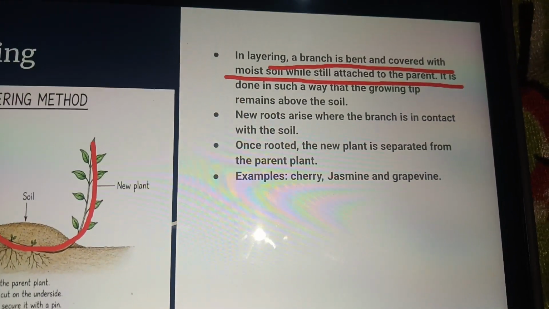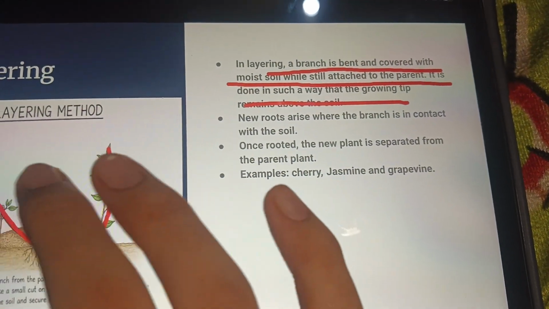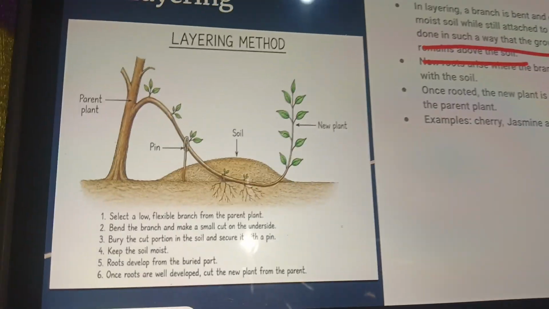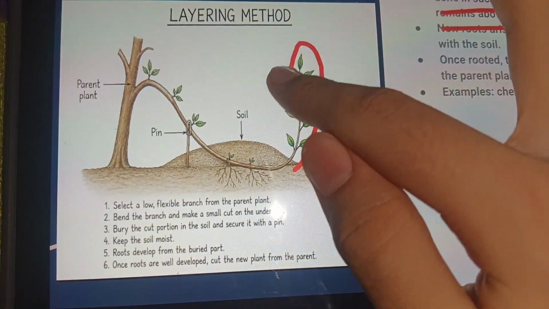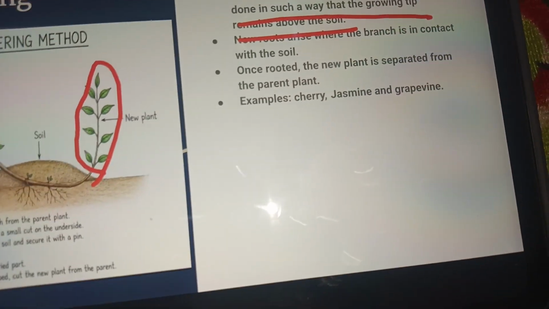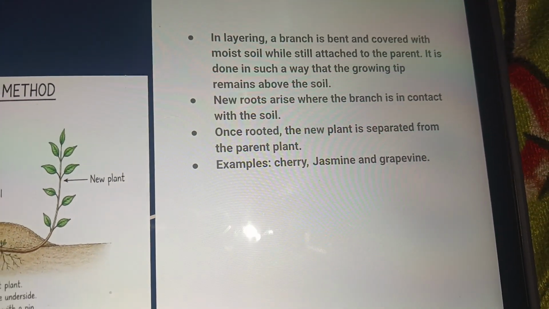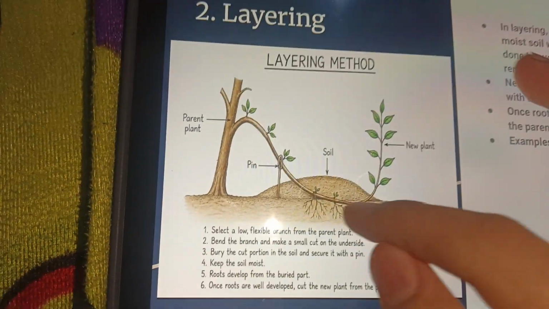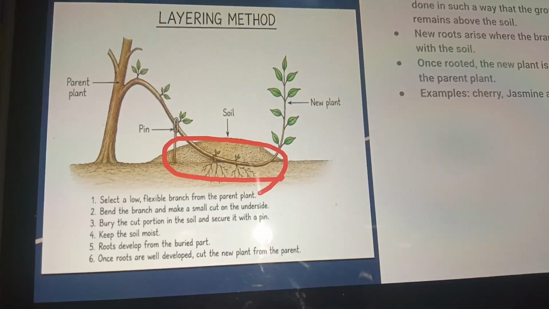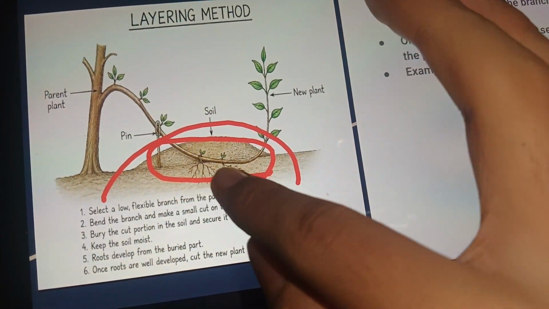Now, it is done in such a way that the growing tip remains above the soil. Can you see this growing tip? It is above the soil, right? Then what happens? New roots arise from the part of the branch in contact with the soil, the part under the soil.